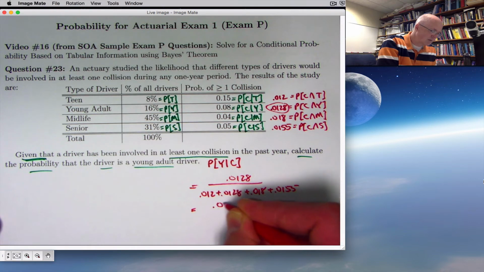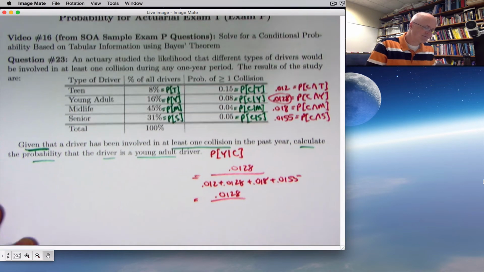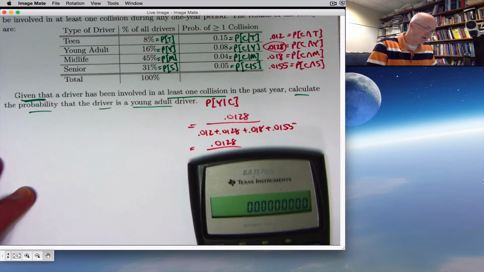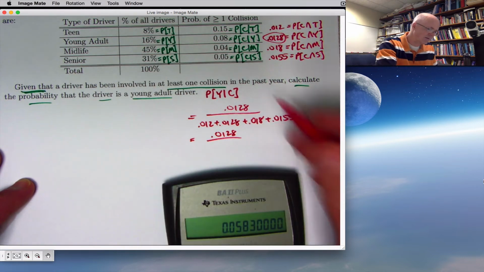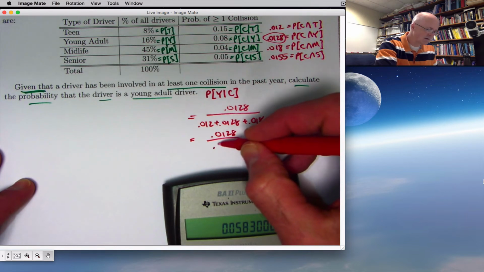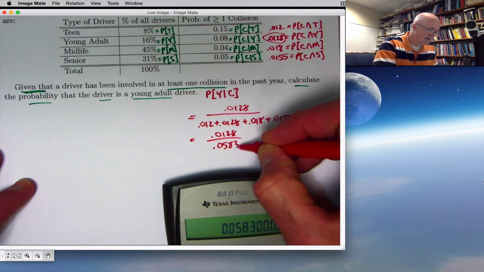So we get 0.0128 divided by 0.012 plus 0.0128 plus 0.018 plus 0.0155, which is 0.0583. Do that ratio.